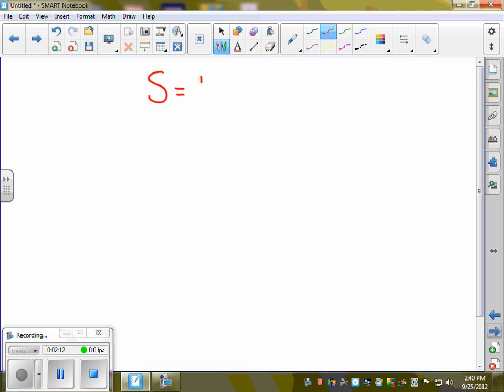Let's look at some more notation for a minute. Say we had that S is 4 pi r squared. That's the formula for the surface area of a sphere, and it's based on the radius. If I were going to take the derivative, I would want to find ds dr, because S is defined in terms of r.